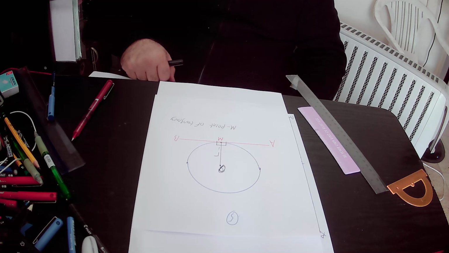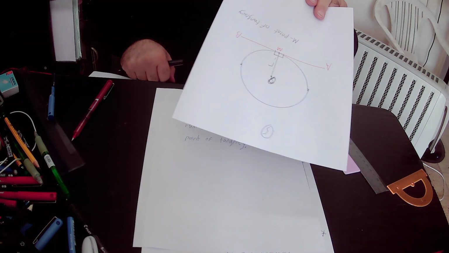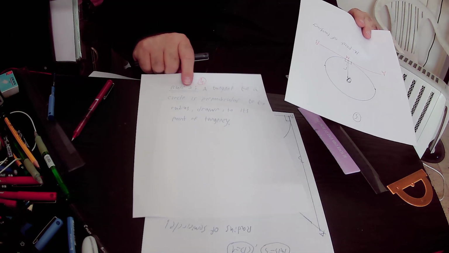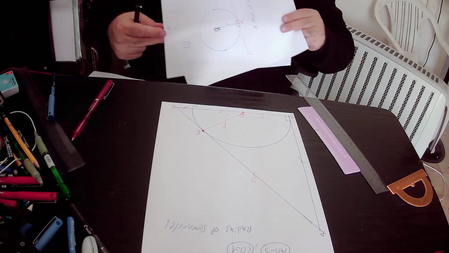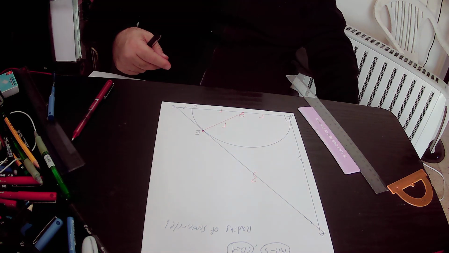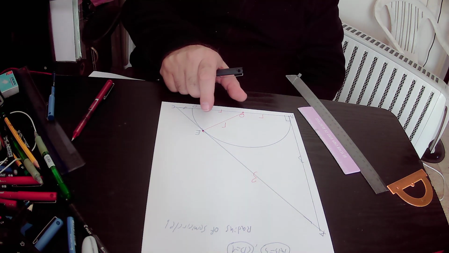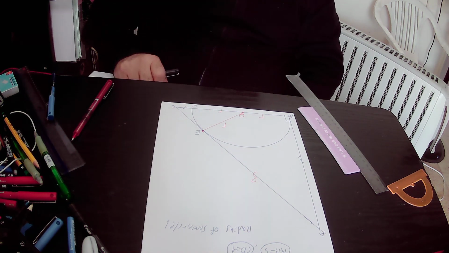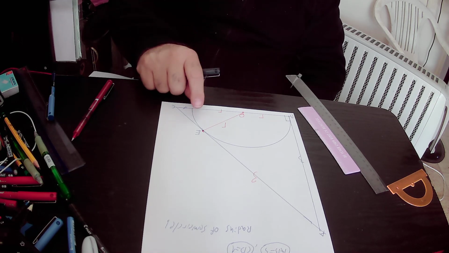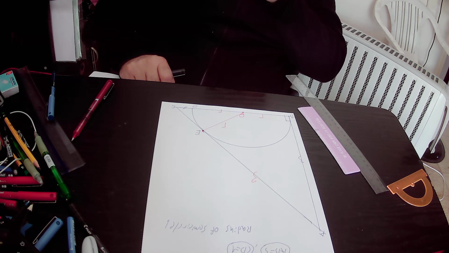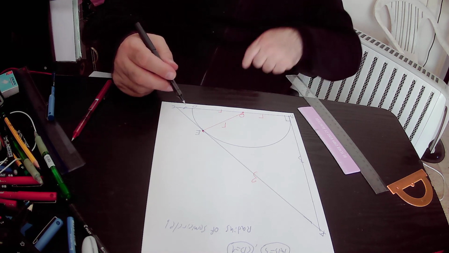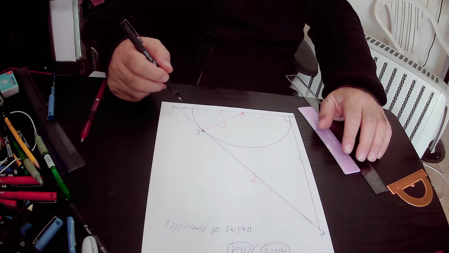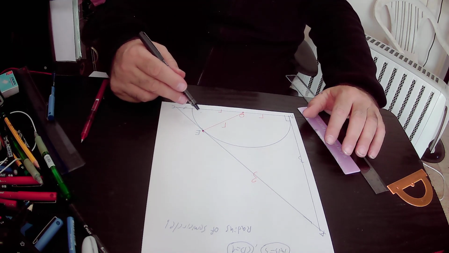And we can also implement rule number 2 in our drawing, because we have the radius OE, the radius of the semicircle, and point E is the point of tangency of tangent AC with the semicircle.